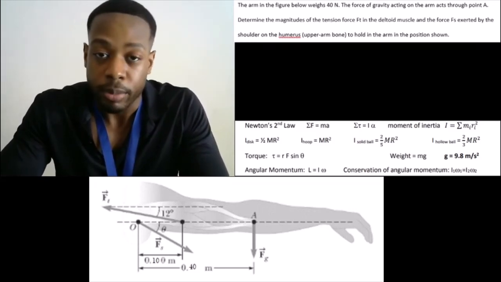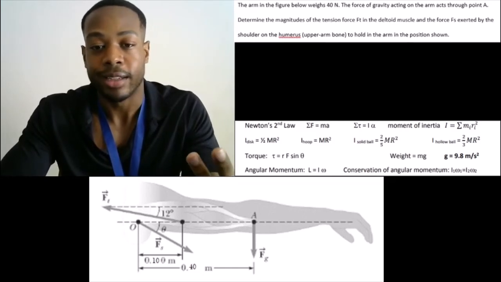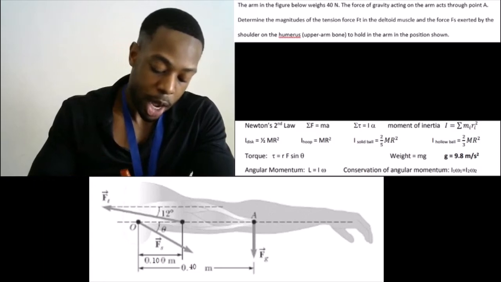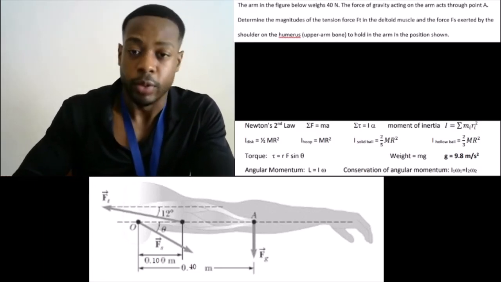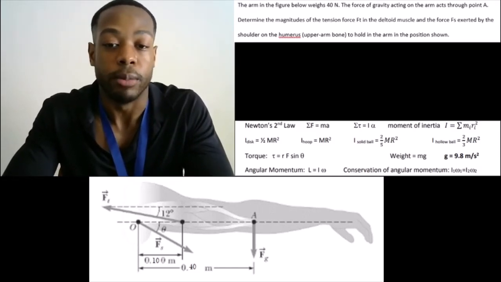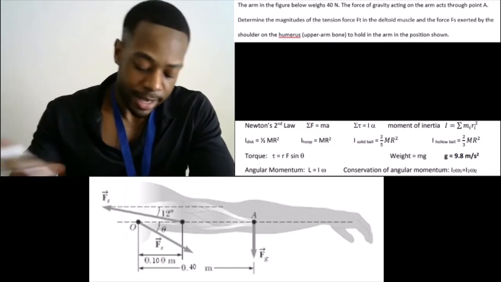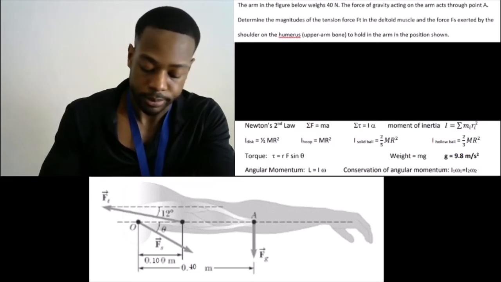We want the Y component now, right? So we've got three forces acting in the Y component. We've got force SY going down. We've got weight going down. And we've got force T going up. So we've got force T sine or cosine of 12.